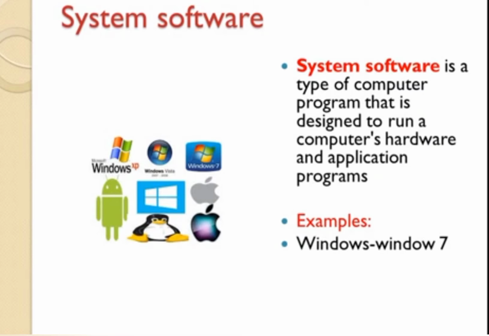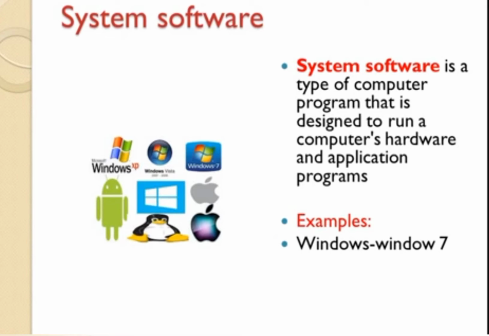Now we have three main examples of the system software. We have the Windows. Windows is run by the Microsoft Corporation, and Windows is one of the most popular operating systems, or system software. We have different versions of Windows. We have Windows 7, which is one of the most used Windows versions.